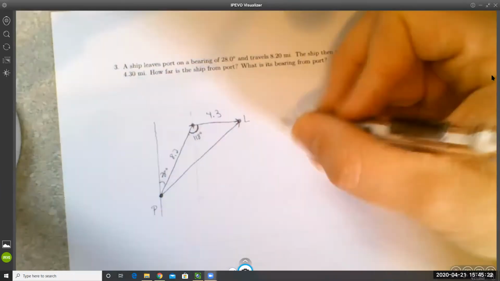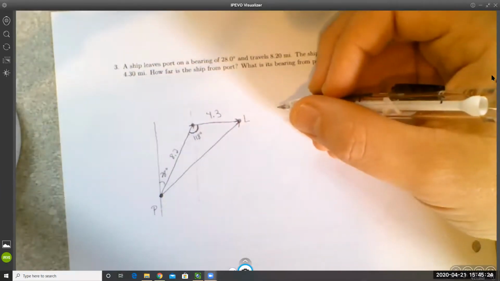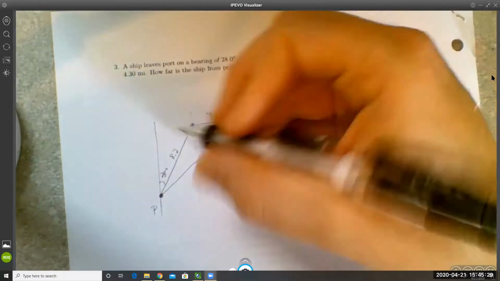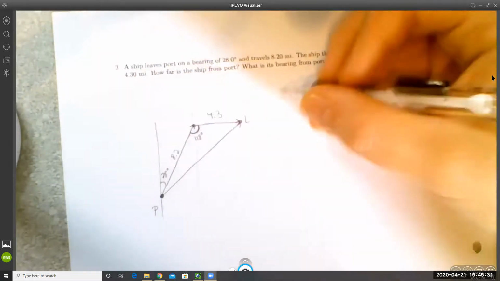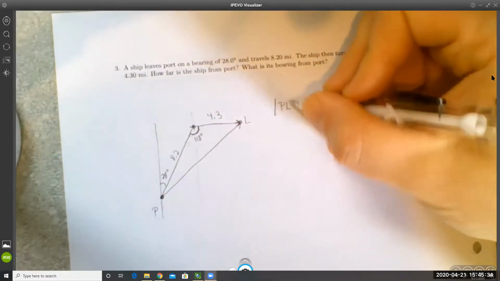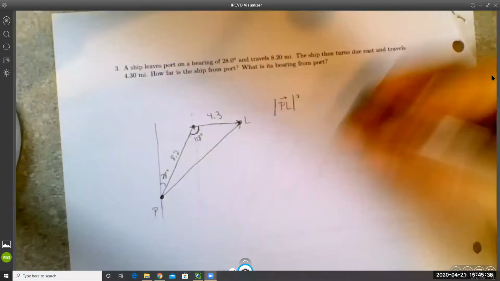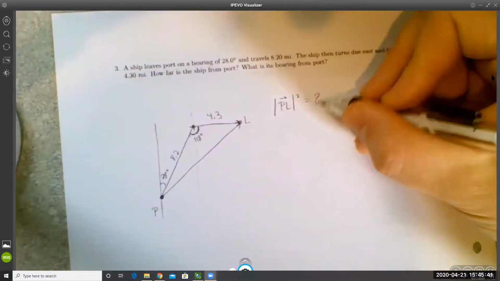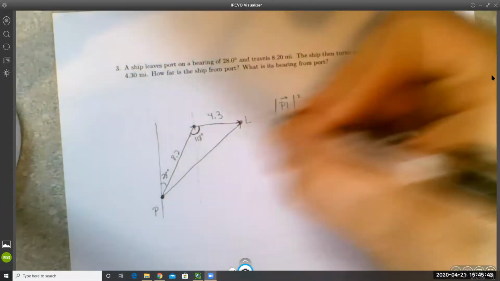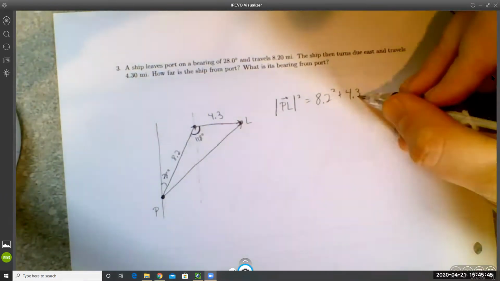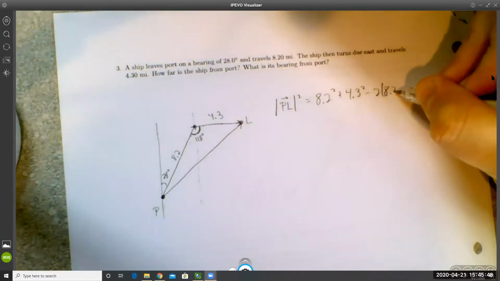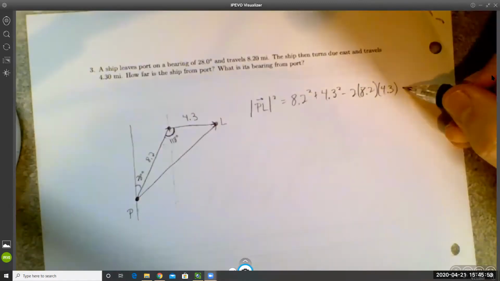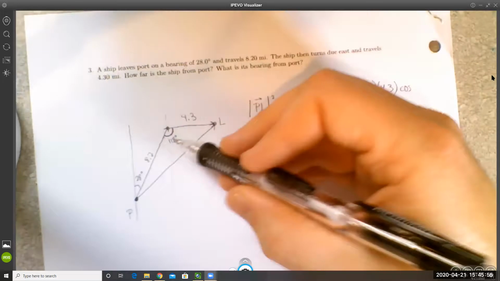So I'm going to say magnitude of PL squared, so that length squared. So this is c squared equals a squared plus b squared minus 2ab cosine C, cosine 118.